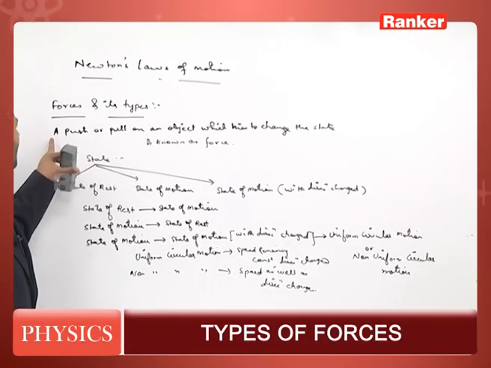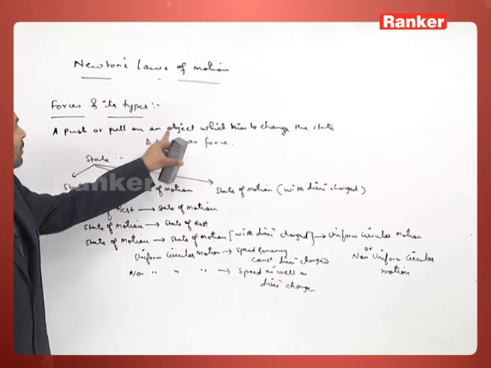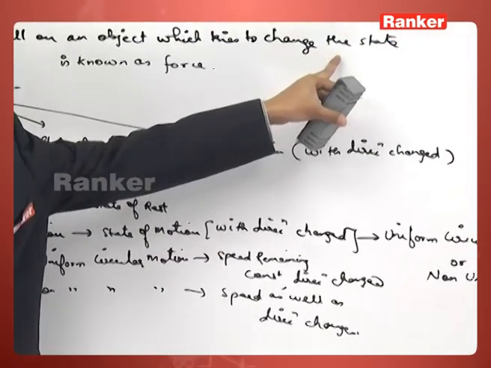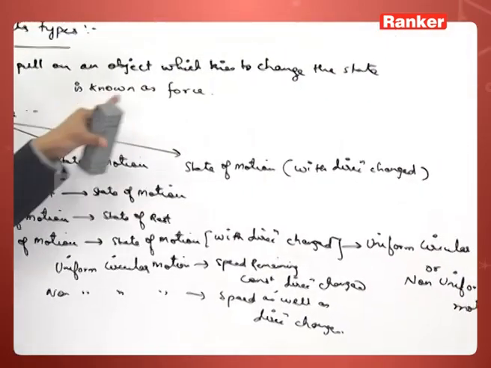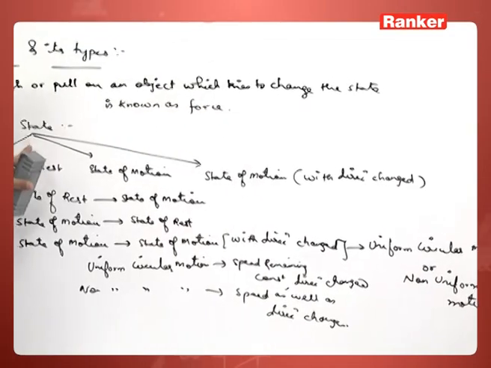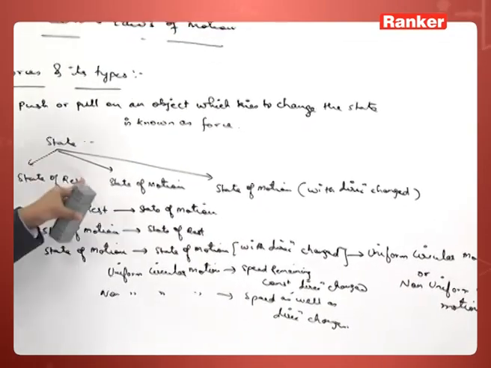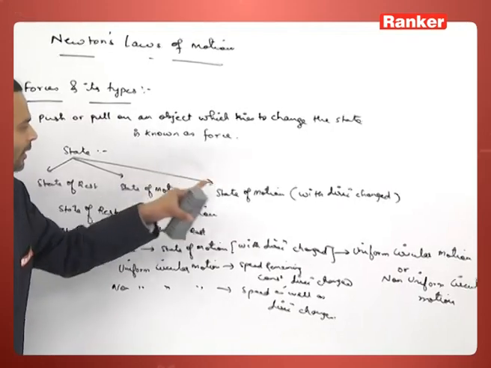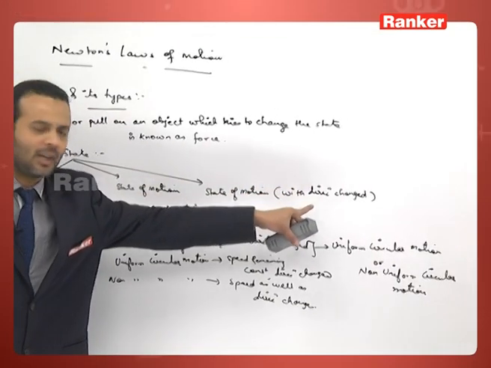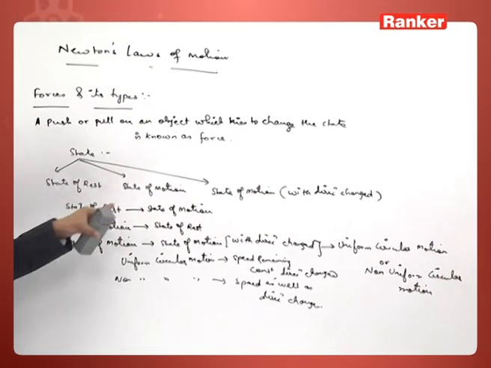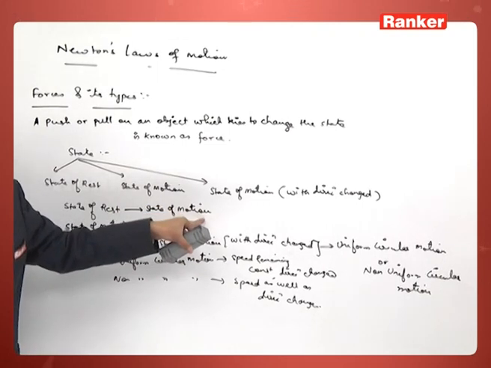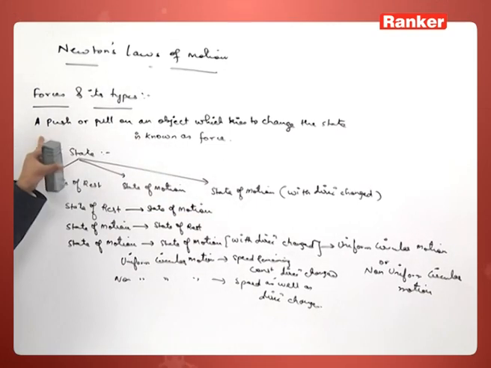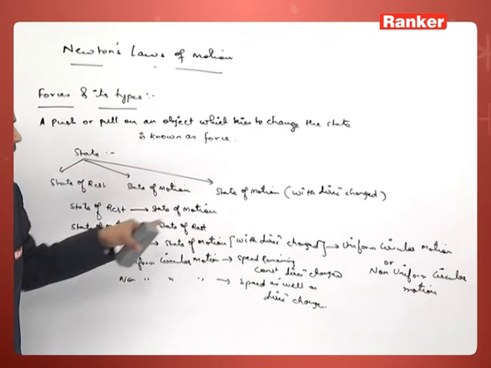So we can say a push or pull on an object which tries to change the state is known as force. State I defined as state of rest, state of motion, or state of motion with direction changed. State of rest to state of motion, either push or pull, the quantity is defined as force.